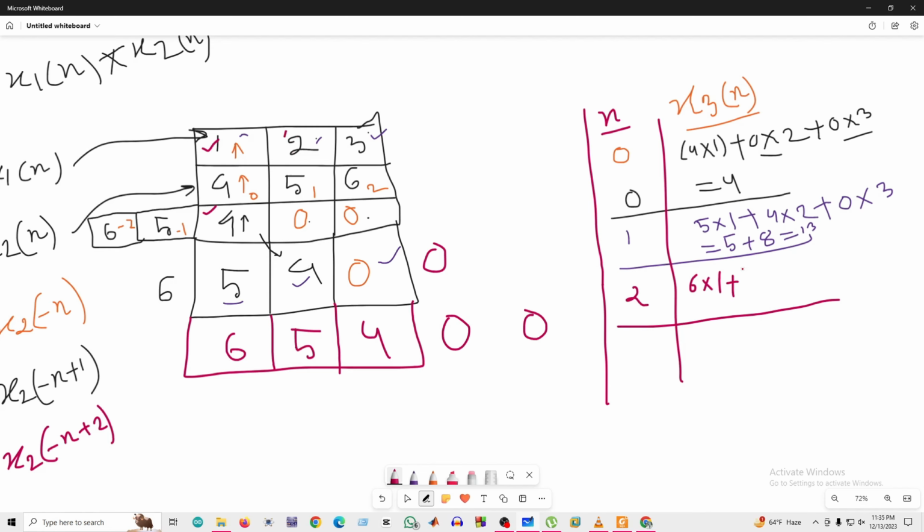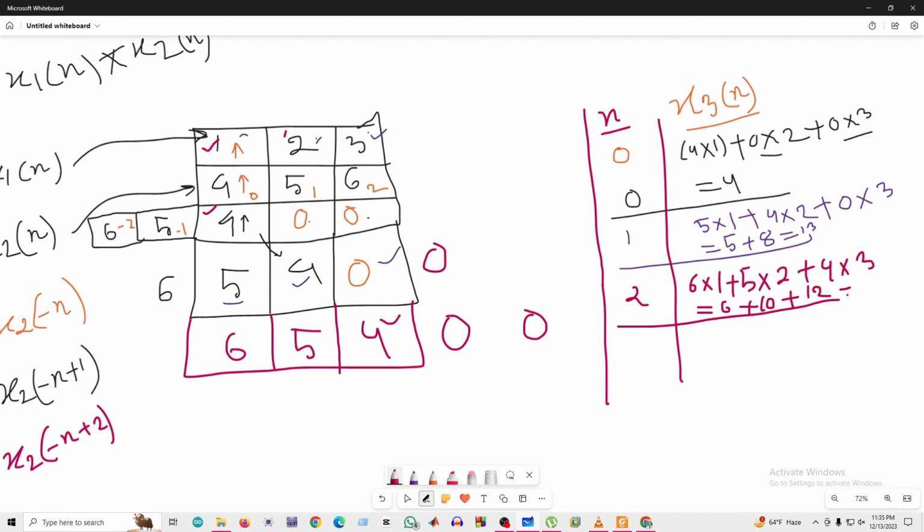So 5 times 2, and you have here 4 times 3. So use here plus sign, and then write here 4 times 3. Right. So you have here 6 plus 10 and plus 12.